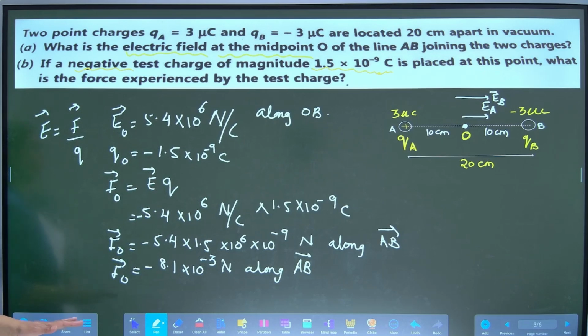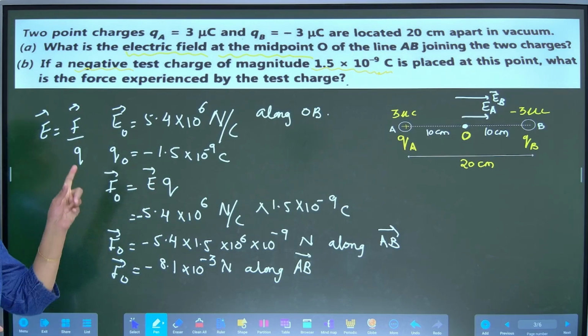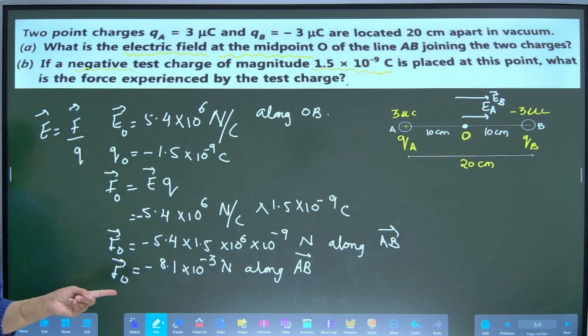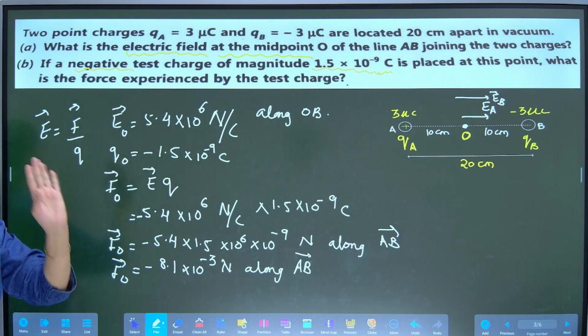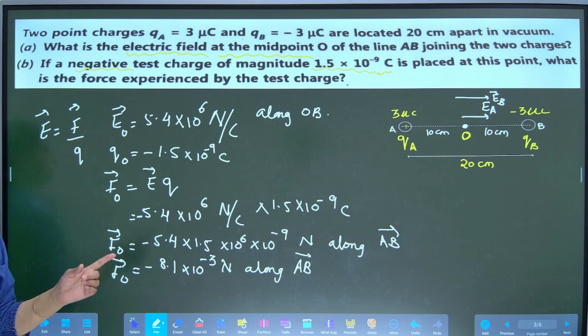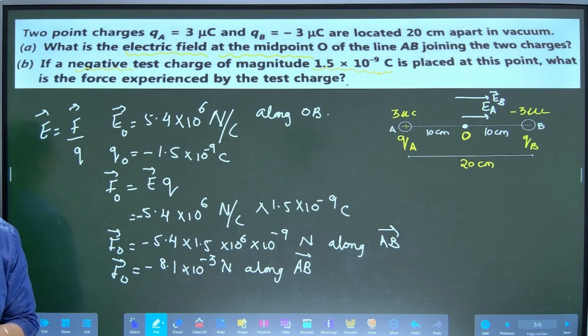So in this way you can have a combined question also, where they are asking you electric field also and they are asking you force also at the same point. So many varieties of questions are there, but one by one with the same logic you have to go ahead. Okay, so take a screenshot so that we move to another section. Fine.